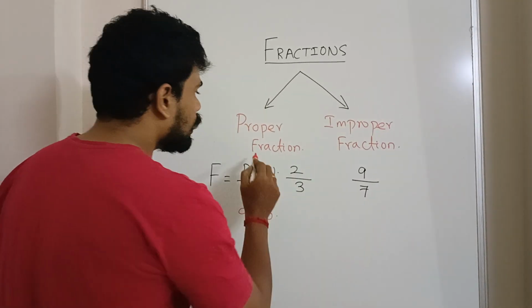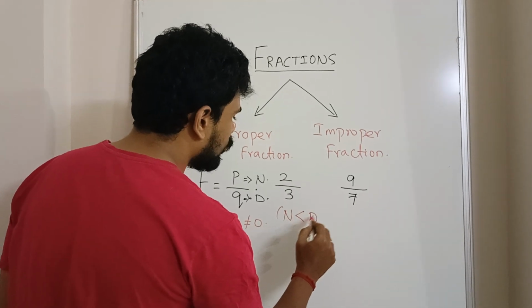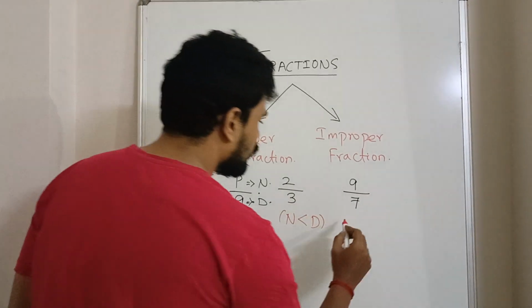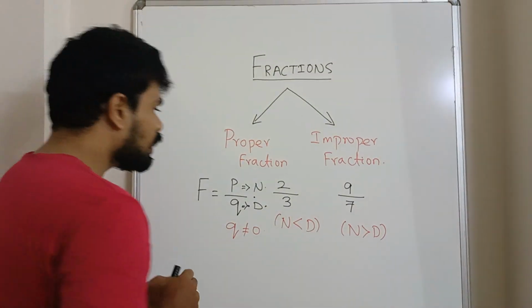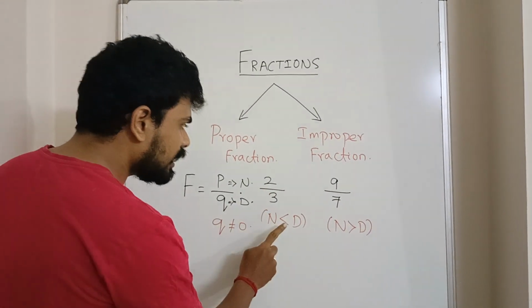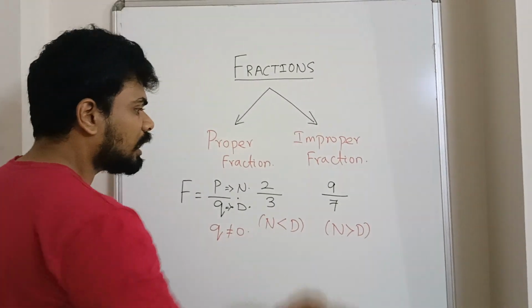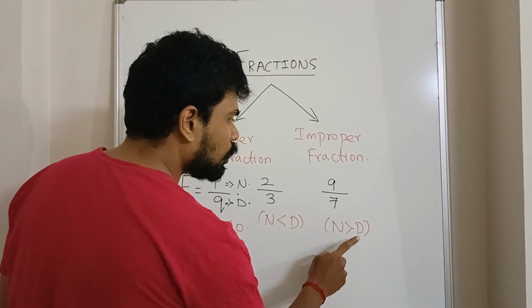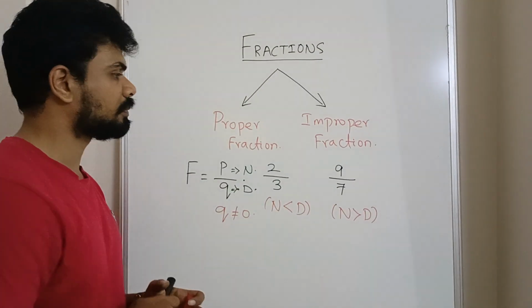But in this case, the numerator is less than the denominator, whereas in this case, the numerator is greater than the denominator. If the numerator is less than the denominator, that fraction is known as proper fraction, whereas if the numerator is greater than the denominator, that particular fraction is termed an improper fraction.